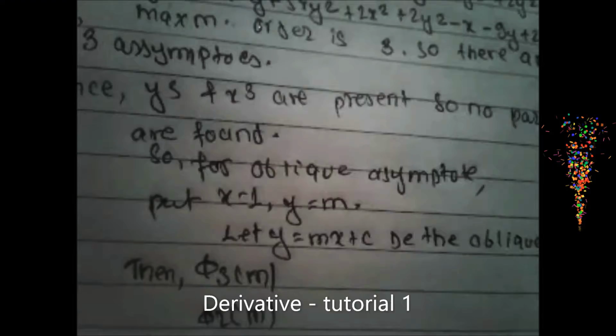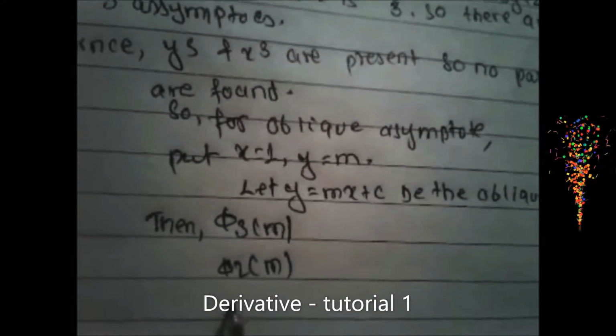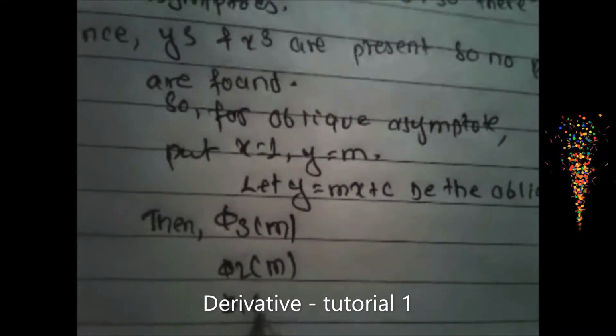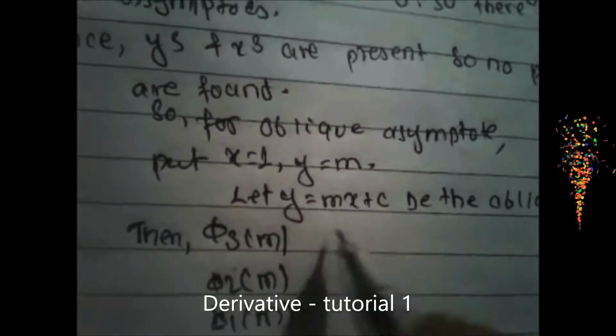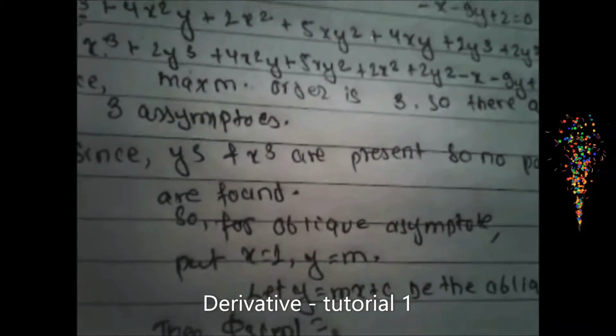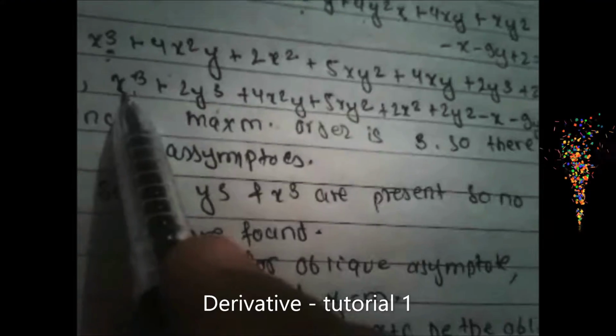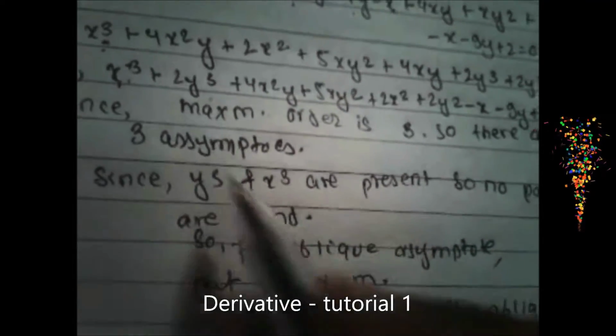If phi 3 dash of m is needed, that we can find later, or now also we can find phi 3 of m, that is third order. Here we put the value of x is 1 and y is m.